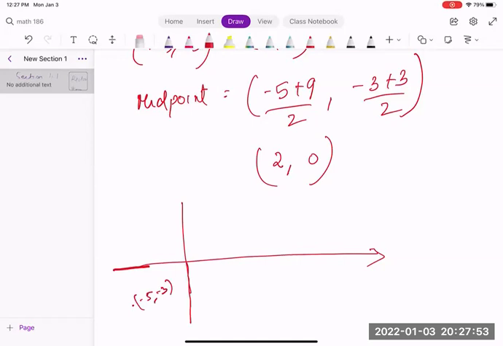And then we have 9 and 3, which is in quadrant 1, somewhere here. So this is the line which we are looking at. If you join it up and we want to find somewhere midway through it, your midway in here will be somewhere right here. That's your 2, 0. That's the midpoint.